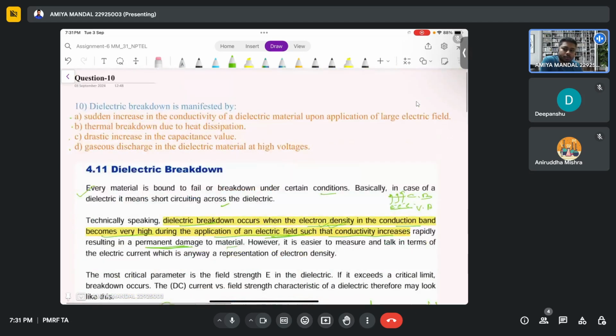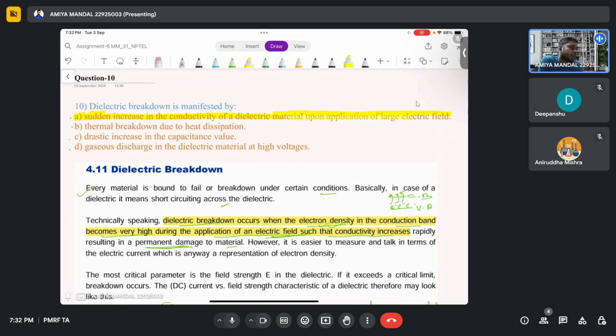On the basis of this concept, we can now answer the question: dielectric breakdown is manifested by, option A, a sudden increase in the conductivity of a dielectric material upon application of a large electric field.